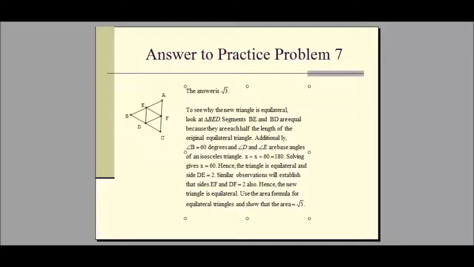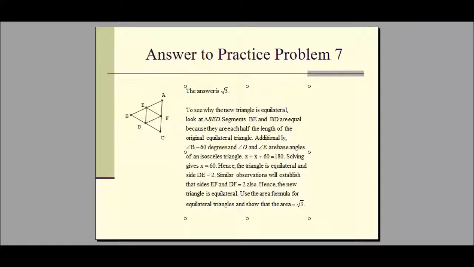Here's the answer to practice problem 7. The answer is the square root of 3. To see why the new triangle is equilateral, look at triangle BED. Segments BE and BD are equal because they are each half the length of the original equilateral triangle. Additionally, angle B equals 60 degrees because it was the angle of an original equilateral triangle, and angle D and E are base angles of an isosceles triangle.